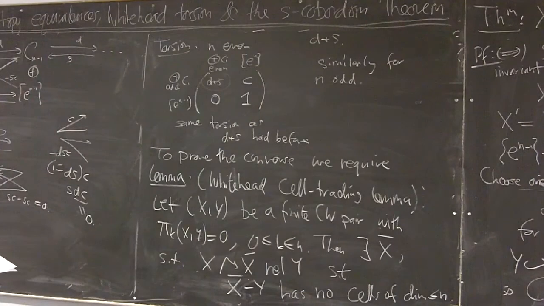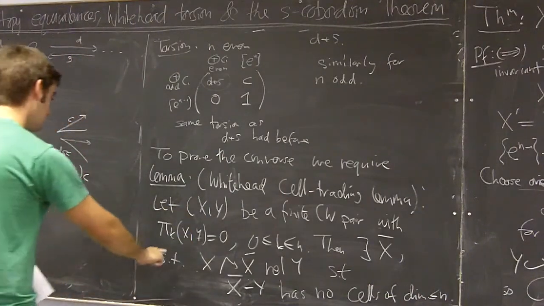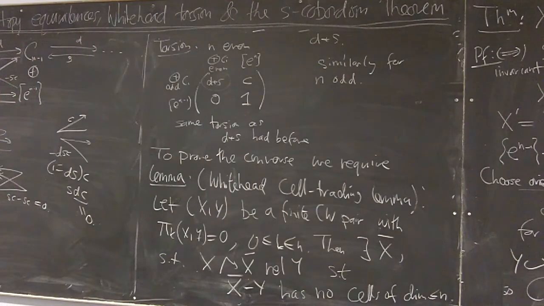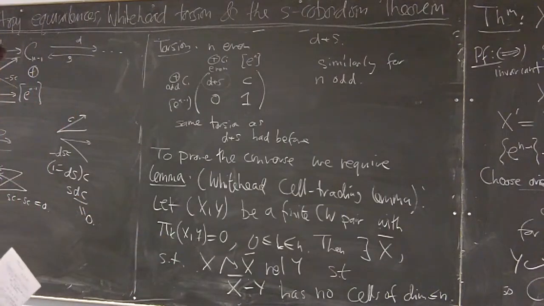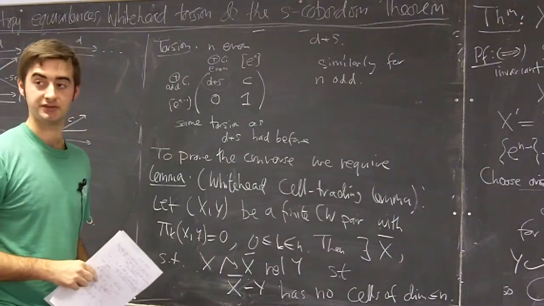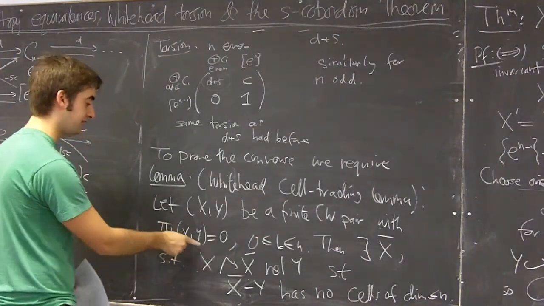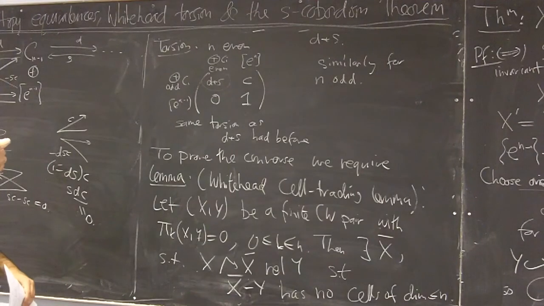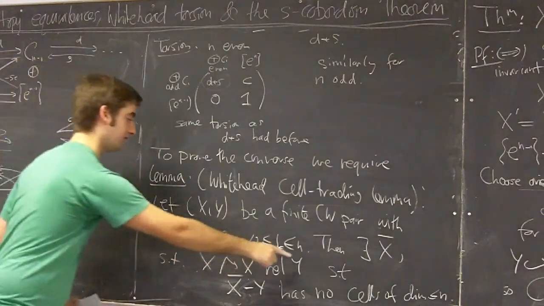What is this saying? It's saying that if we have a CW pair where the inclusion is k-connected, then without loss of generality you can take all the cells of dimension up to k to be in Y and none of them in X. The idea is that if we have any that happen to be in X minus Y, we can trade them up for a cell of dimension 2 greater, and you can do this up to dimension n here.